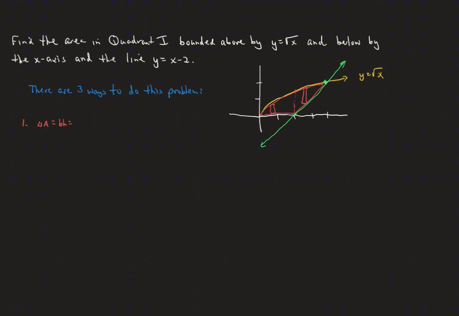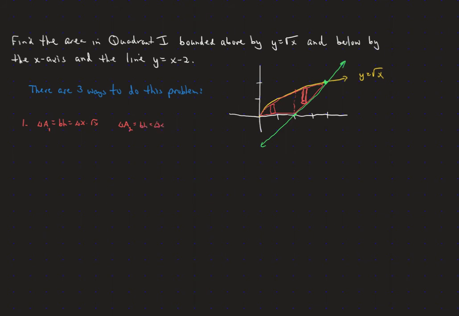So I'm going to say our first delta area, its base is going to be delta x, and its height is just going to be the yellow curve minus the white curve, but the x-axis is just y equals 0, so that's just going to be the square root of x. Now the second delta area in this region over here, we can see that our delta area is going to be base times height.